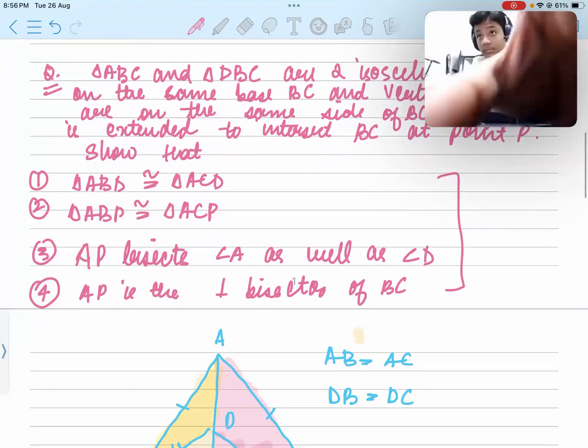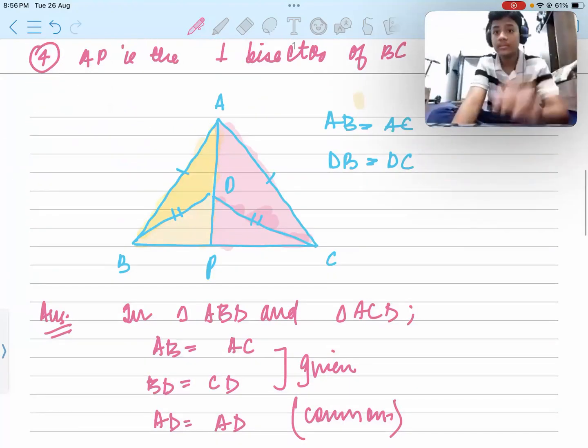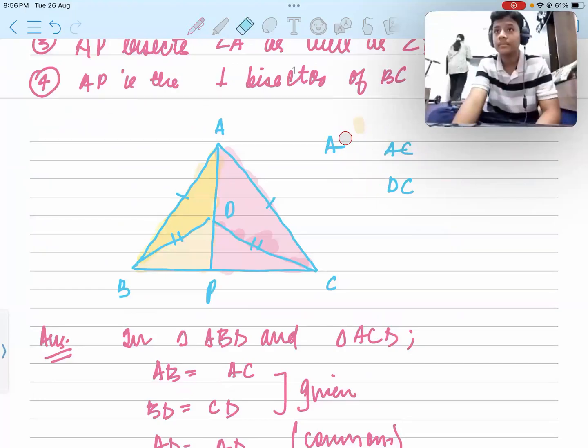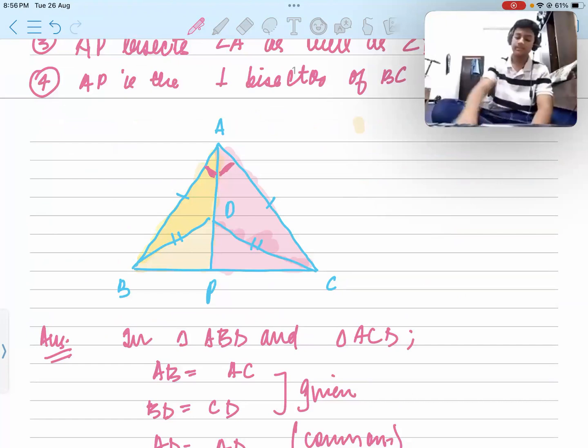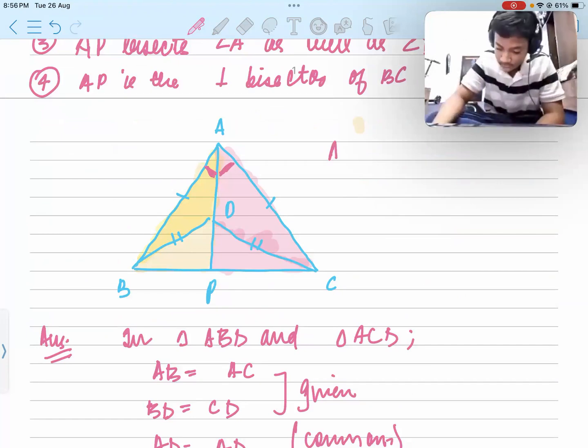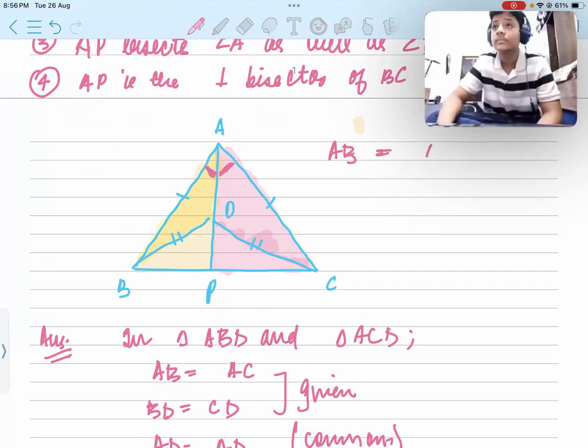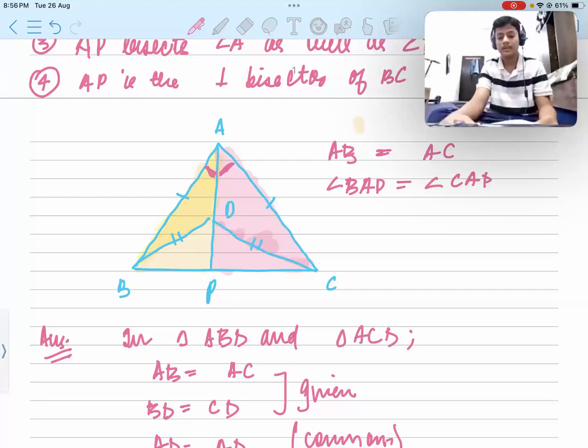See, what you will do over here is, first of all, can I say that this angle is equal to this angle by CPCT? So I will say AB is equal to AC. Angle BAP is equal to angle CAP.